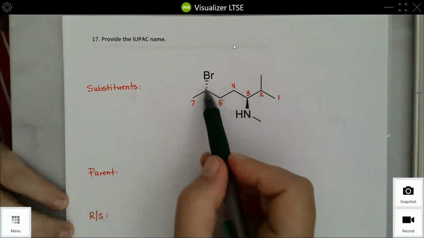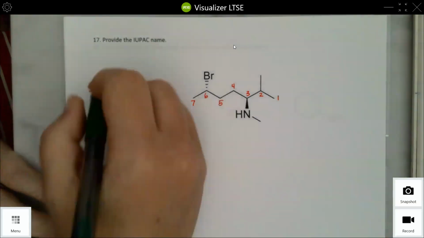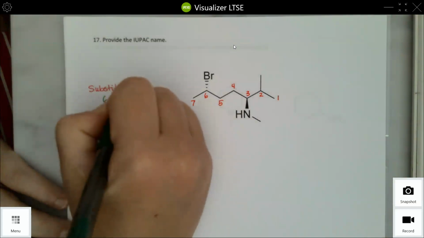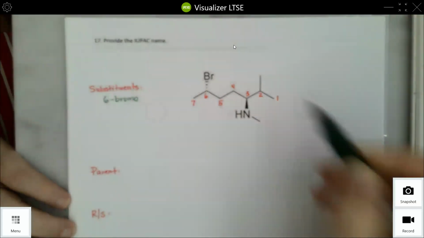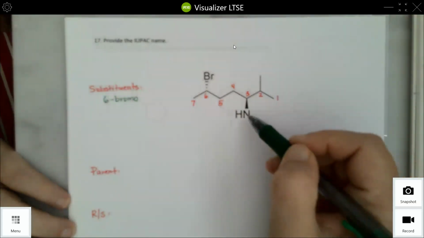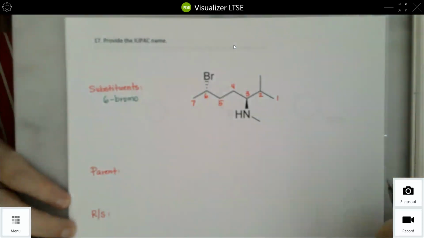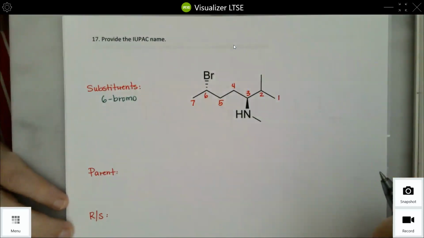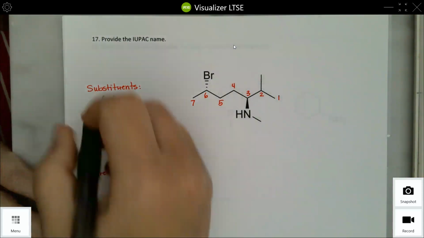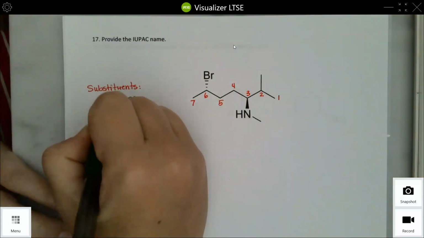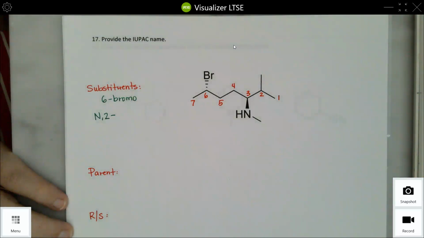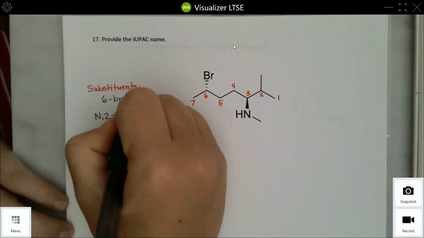So we have a 6-bromo. We have a 2-methyl, but the amine also has a methyl, so this is going to be a dimethyl. So we are going to go with N. So N comes before the number 2, dimethyl.